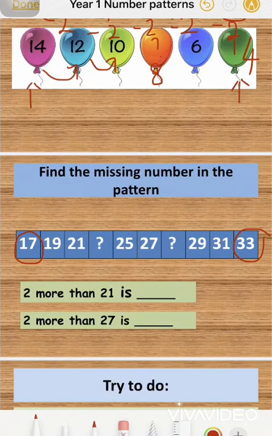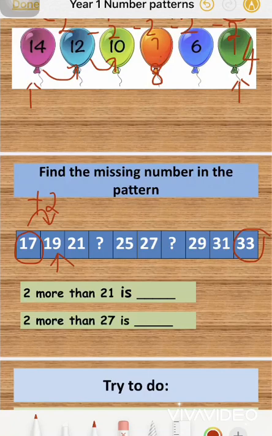So when you count on 17, you have to plus how many more so that you can get 19? I know some of you are very fast. You can straight away find out you need to plus 2, right? If you still cannot get it, it's okay.